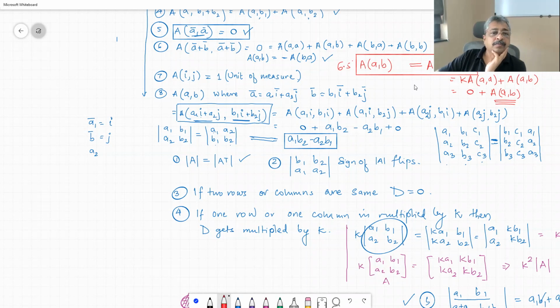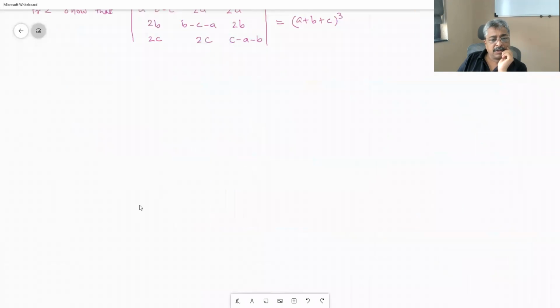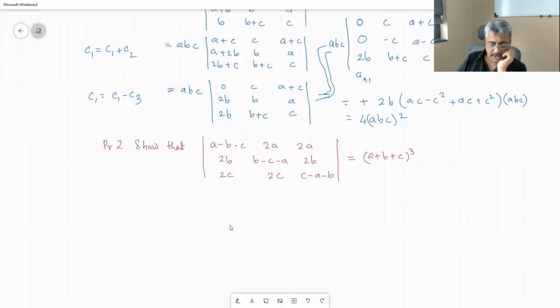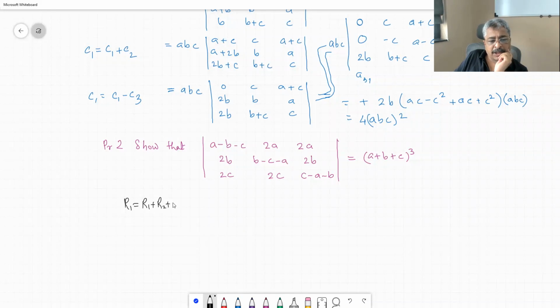Okay, that is the justification we have done. Now as far as this matrix is concerned, it is again a relatively easy matrix. What we have to do is, if you look at the three rows, R1 is equal to R1 plus R2 plus R3.